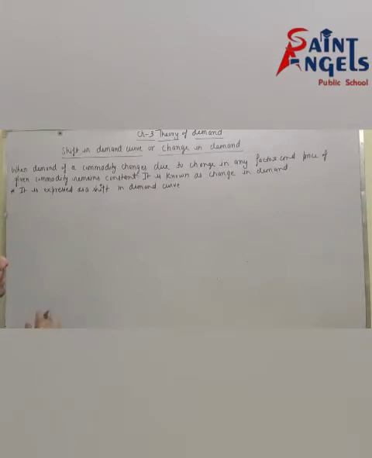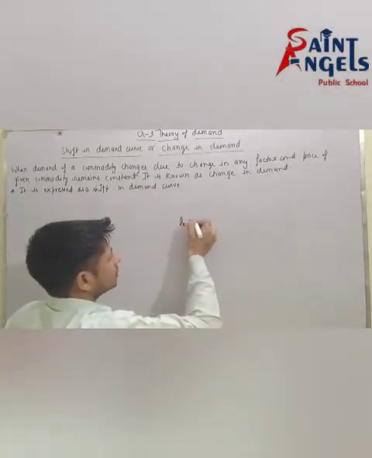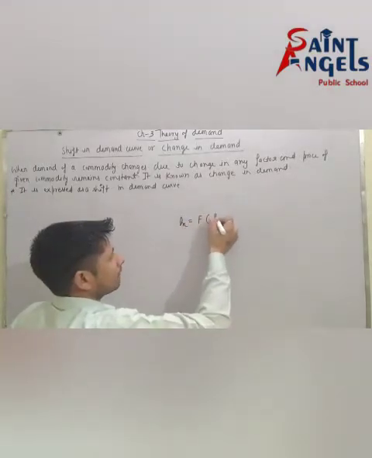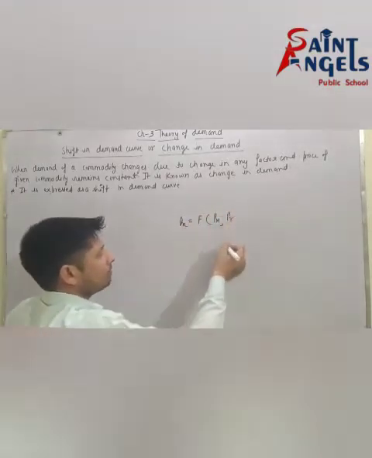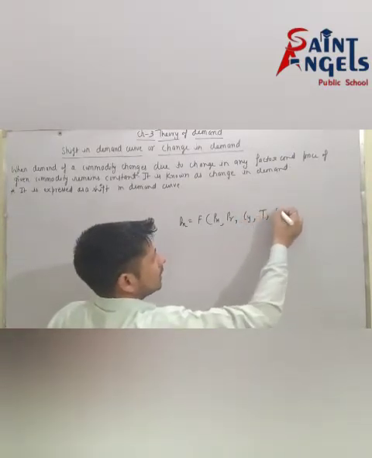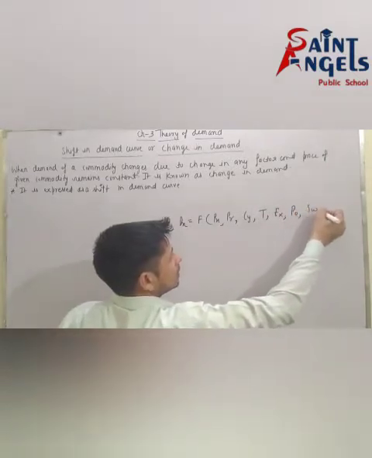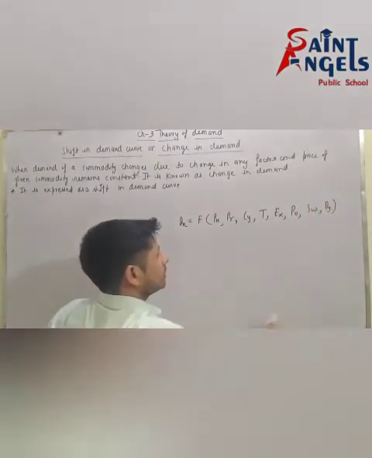See, please try to understand with the help of this function. Dx is equal to f(Px, Pr, Cy, T, Ex, Po, Sw, Dy).